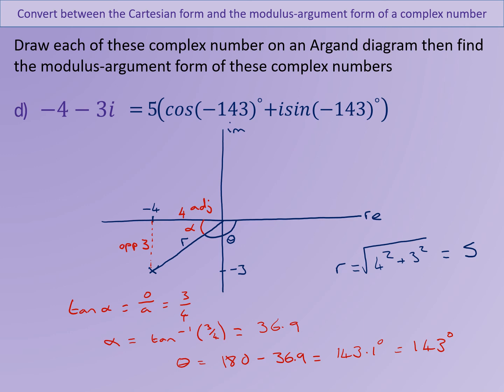However, we need to then look back at the diagram again and remember that conventionally the argument is always measured anti-clockwise from the positive real axis. Because this angle is going clockwise, it's going in the opposite direction, the argument of that complex number is negative 143. So although the angle itself is 143, we need to say that the argument of Z is negative 143. So that is where this answer here has come from.